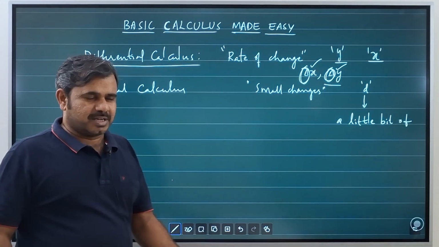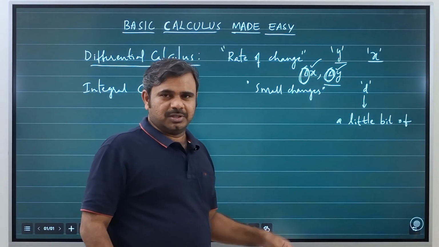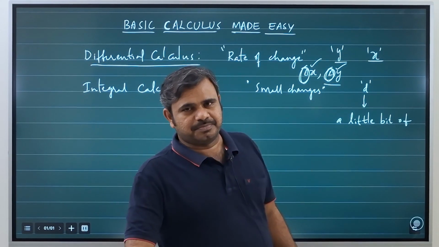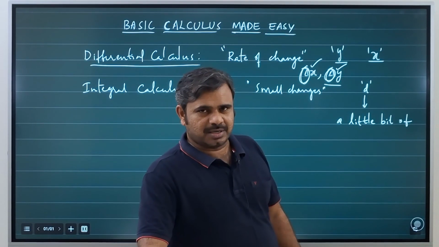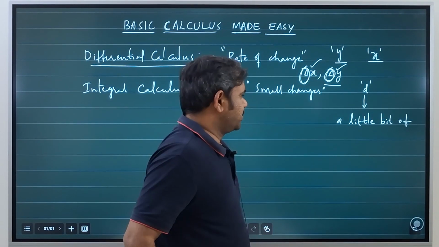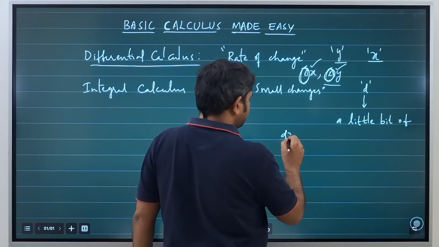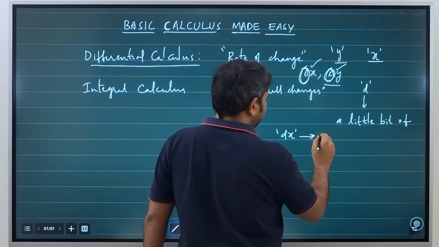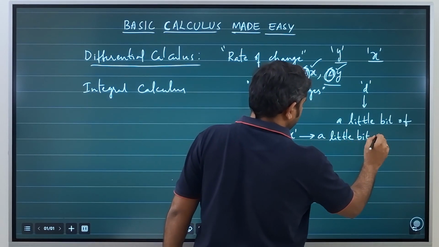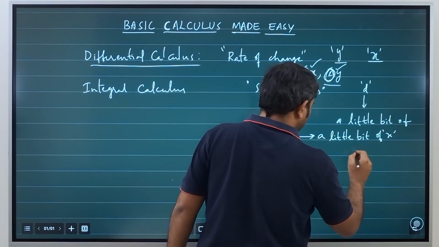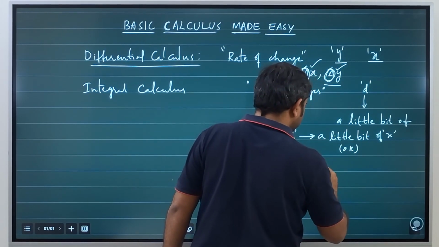The meaning of d: d is not a variable here. d is not a physical quantity. d is a symbol used for small change or a little bit of change. dx means a little bit of x, or a little bit of change in x.